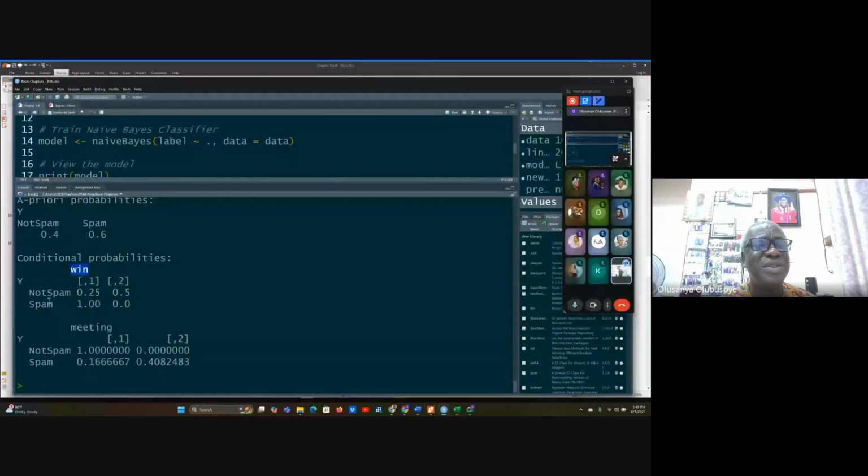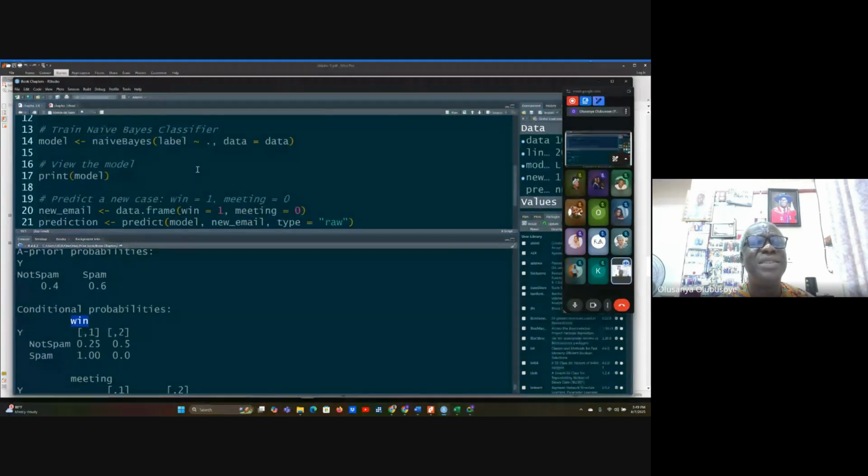This is the measure of the conditional probability. Then this is the measure of the conditional probability for not spam, given that you have win in the message. So let's run the remaining part.